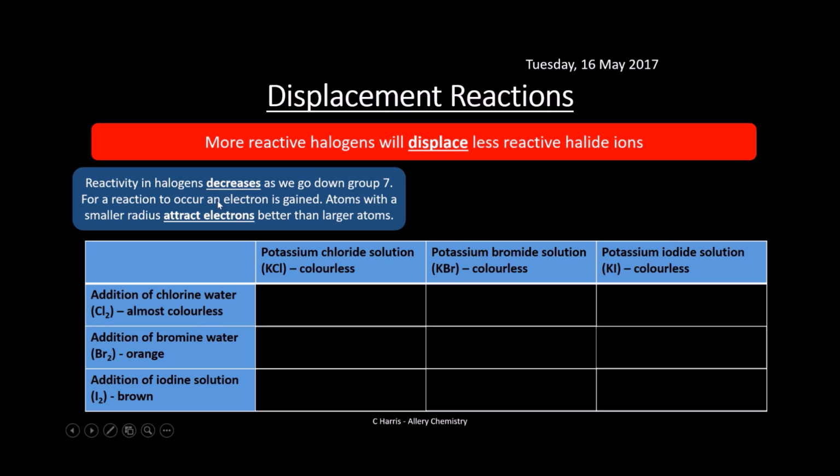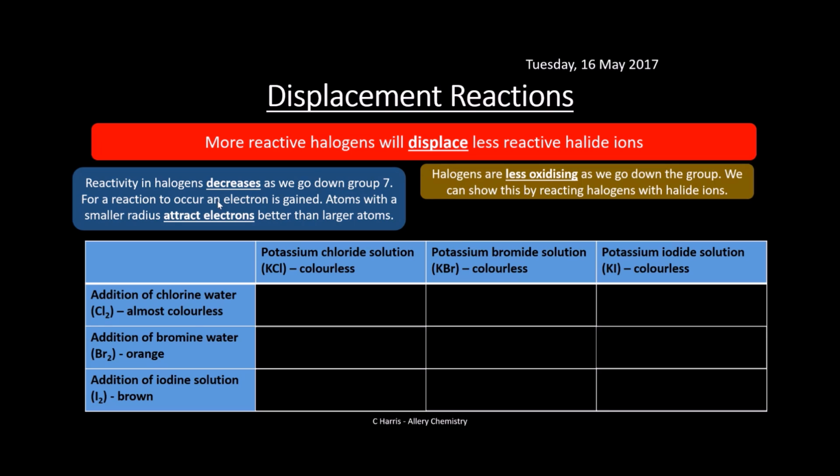So we're gaining electrons, and atoms with a smaller radius attract electrons better than ones with larger atoms. So they pull electrons towards themselves much more readily, and that means they're more reactive. So halogens are less oxidizing as we go down the group. And we could show this by reacting the halogens with halide ions. We call this a displacement reaction.